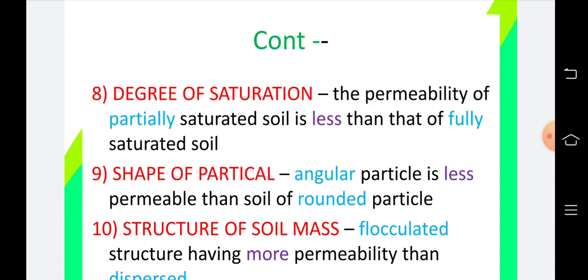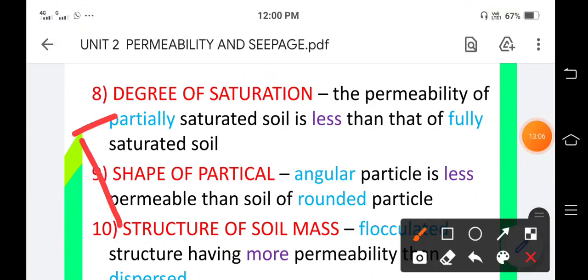Then the degree of saturation. As we know, there are two kinds of soil, called fully saturated soil and partially saturated soil. By the phase diagram we know what a fully saturated soil and a partially saturated soil are. Fully saturated soil means soil which contains water and solid.